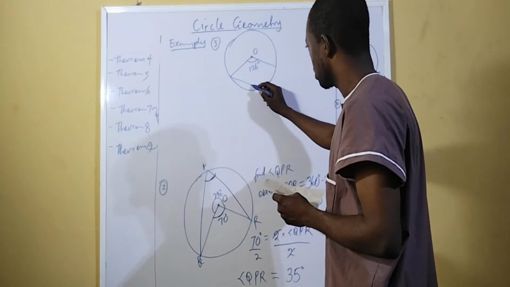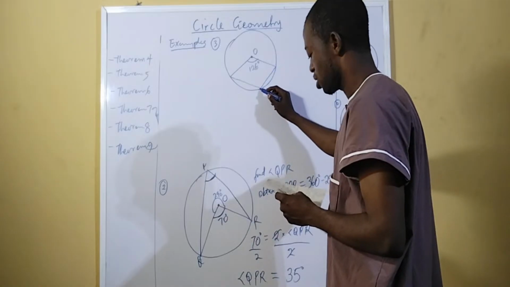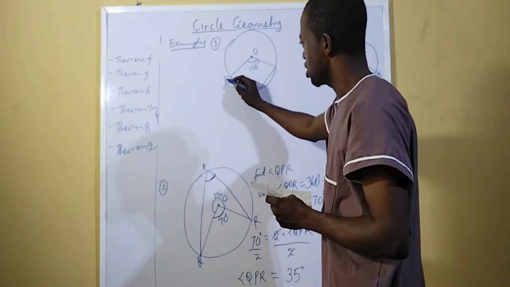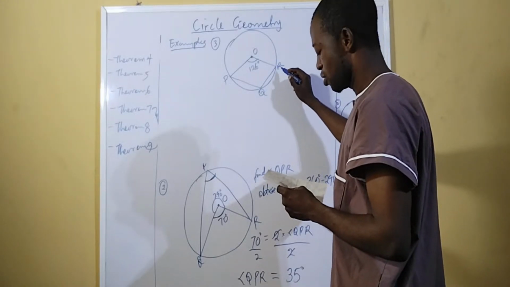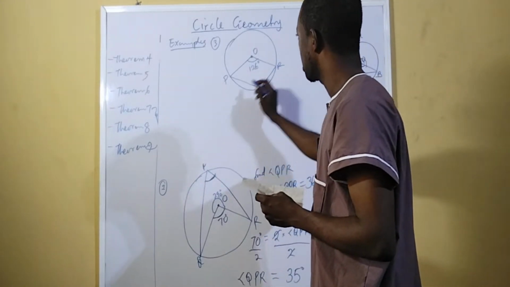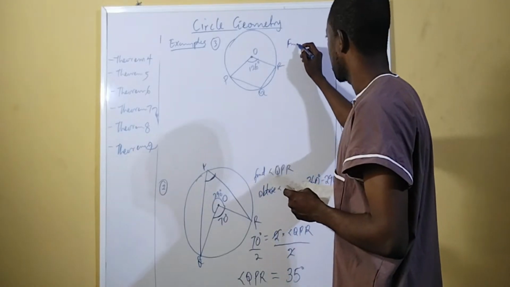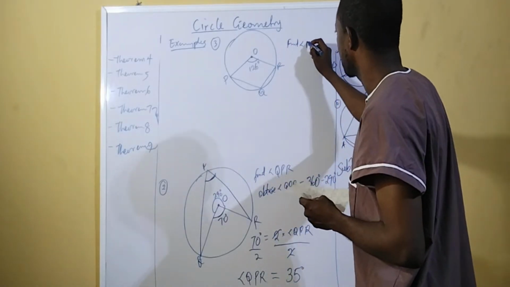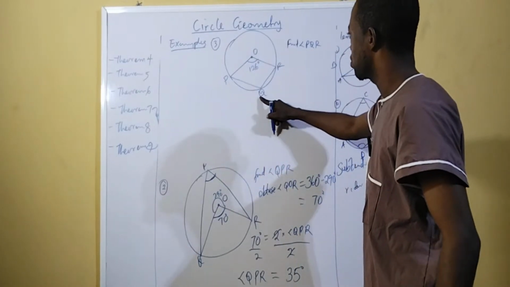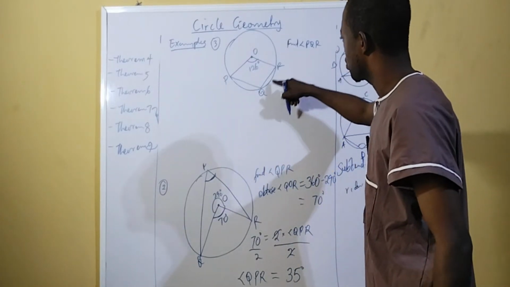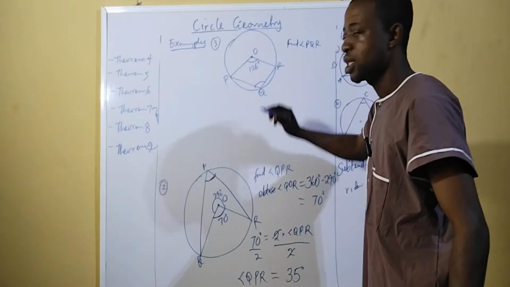Then we are given another angle here this way, and that is PQR. And the question says find angle PQR. PQ, then QR. This angle is what we are finding.